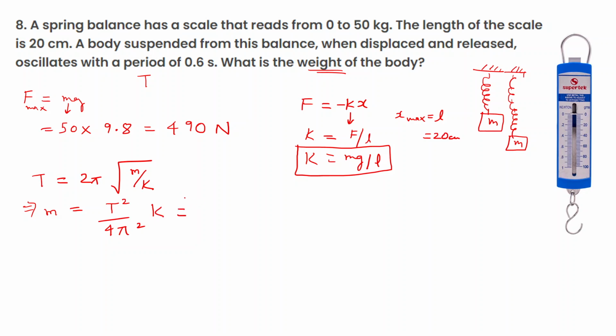T is the time period given, 0.6 second, so 0.6 square divided by 4 pi square, and k is mg by L. Now mg is 490 Newton and the length is 20 centimeter. Converting it into meter, it will be 20 times 10 to the power minus 2 meters.